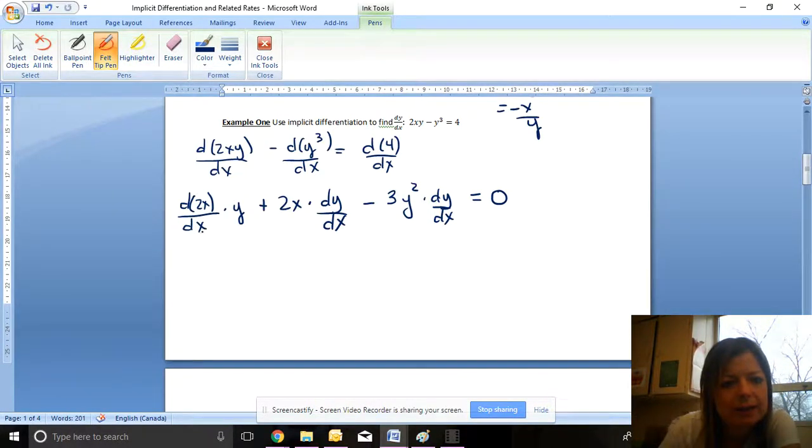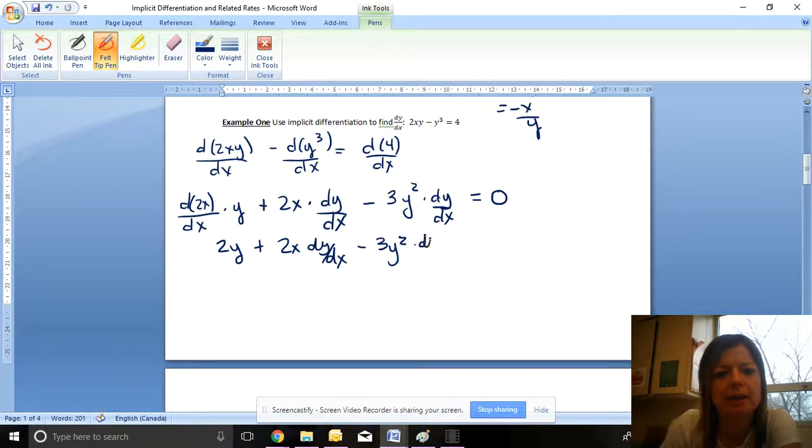Okay, actually this here turns into 2, okay? Because the derivative of 2x with respect to x, that's just 2. So we get 2y plus 2x dy dx minus 3y squared dy dx equals 0.